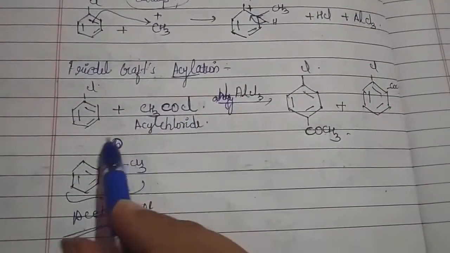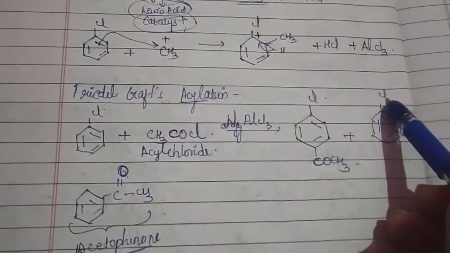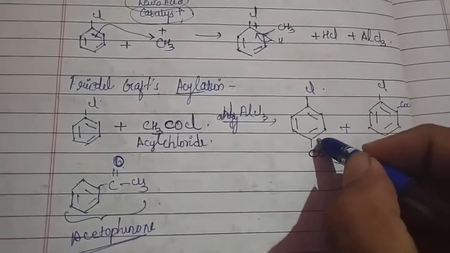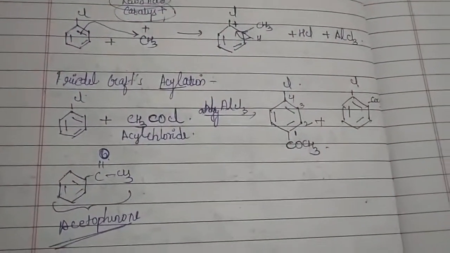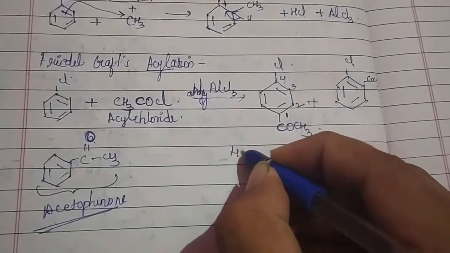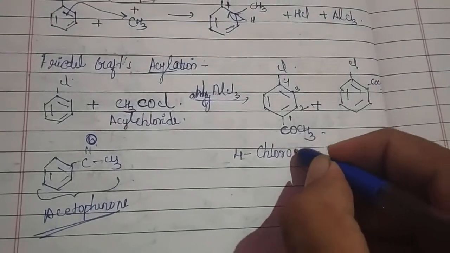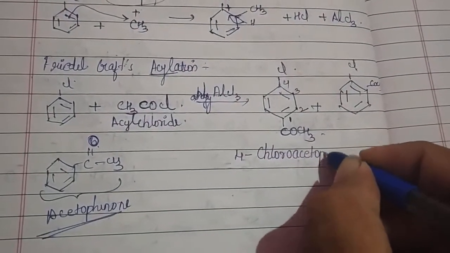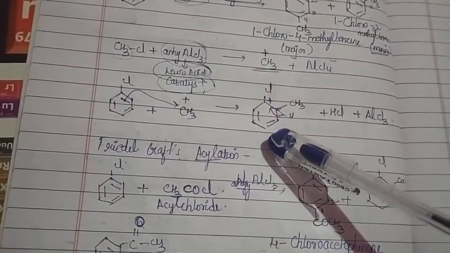So taking this one as my parent chain, I will take my halogen as a substituent. So again we can number 1, 2, 3, 4. So how can you name it? 4 chloro acetophenone. 4 chloro acetophenone.